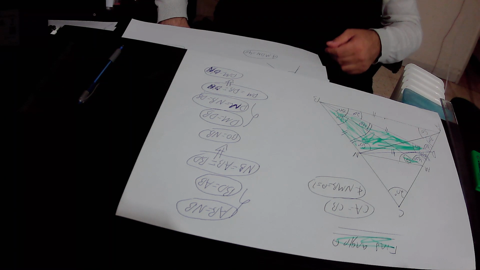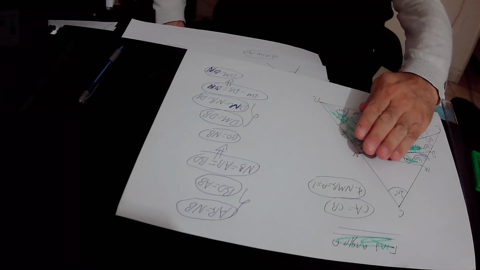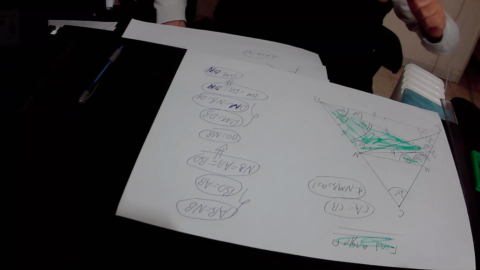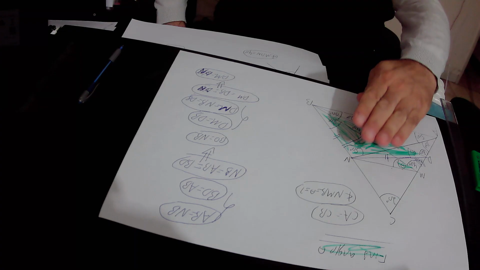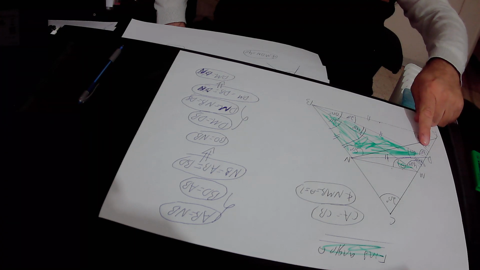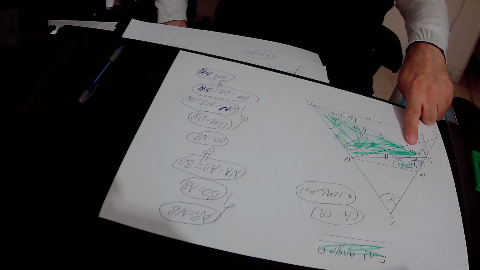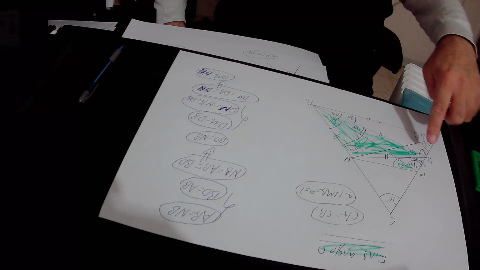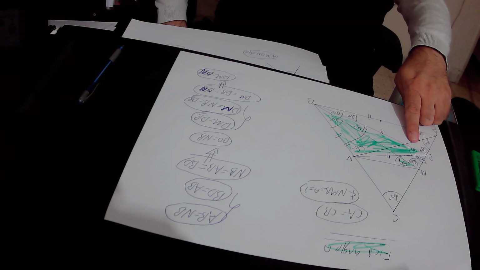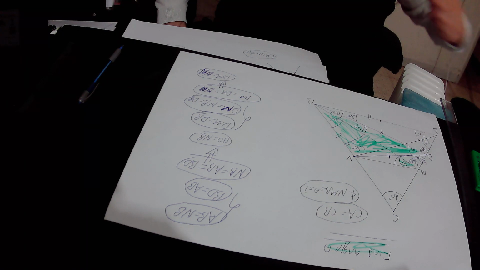In the next step, we focused on this side of the straight line CA at point D. So which angles do we have at this side of CA at point D? We have this angle that is equal to 80 degrees. Here the missing angle is one of the three angles of the equilateral triangle DNB, therefore it must be equal to 60 degrees, plus the missing angle.